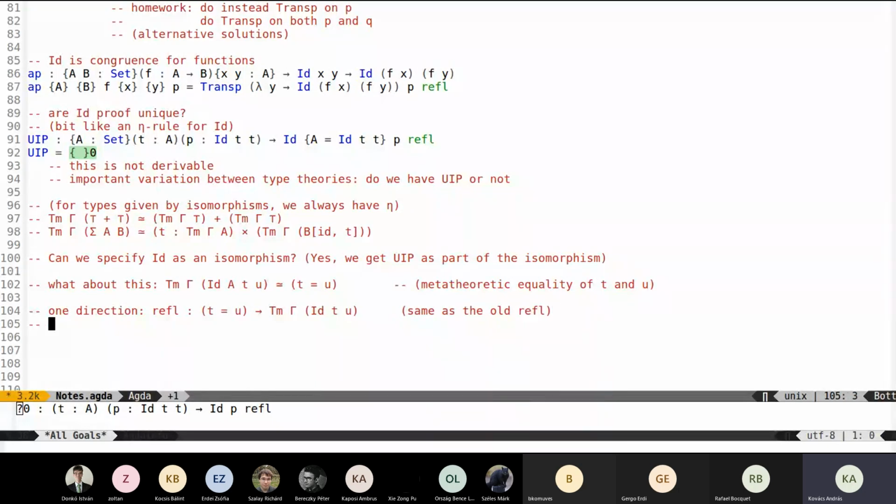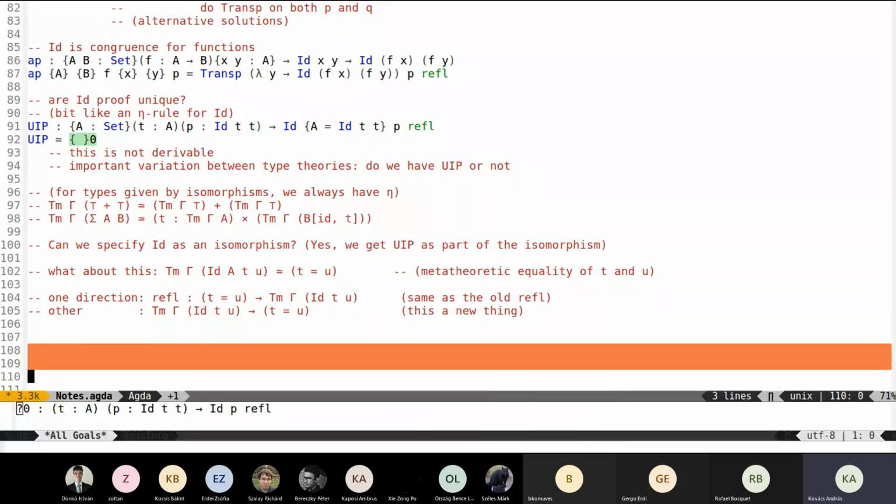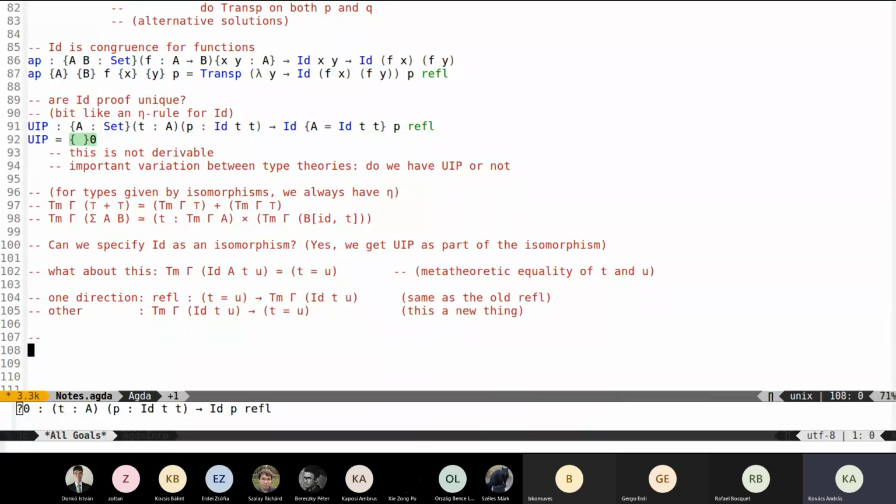And the other direction is that if I have a Tm gamma of ID T U, then can I get a meta theoretic proof that these terms are equal? And this is not something we have introduced before. This is a new thing, and it is called equality reflection.